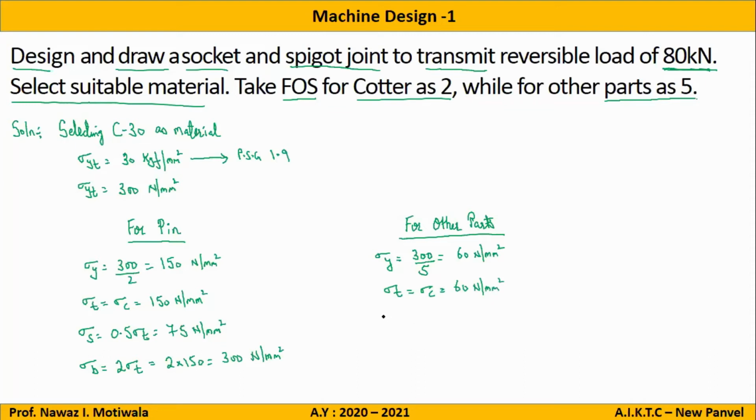Then sigma s, that is shearing, is 0.5 times sigma t, so I will get it as 30 newton per mm square. And lastly sigma b, is it needed? No, it is not needed, because bending comes only on the pin, so here we don't need to find sigma b. Any doubts? No, sir.